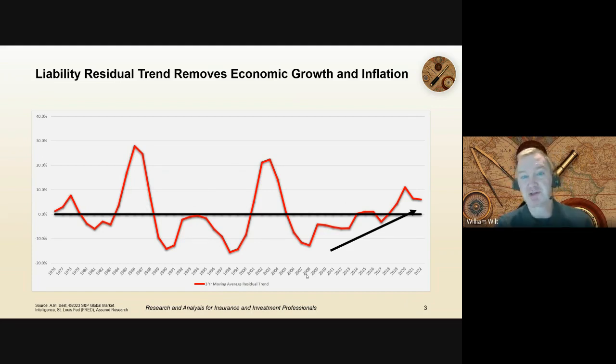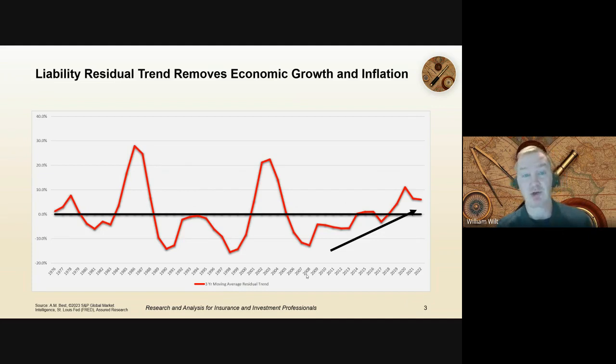So what's an insurance professional, what's an actuary to do with this? Not sure that either of these two graphs would pass muster in a rate filing, but certainly we think this makes the case for steady, regular examination of residual trends.